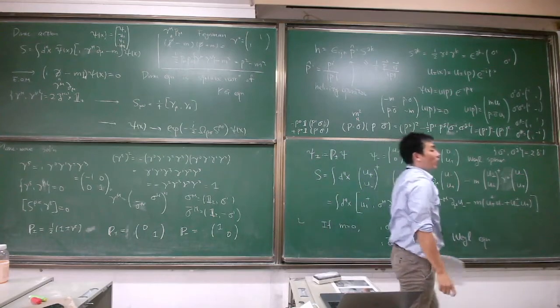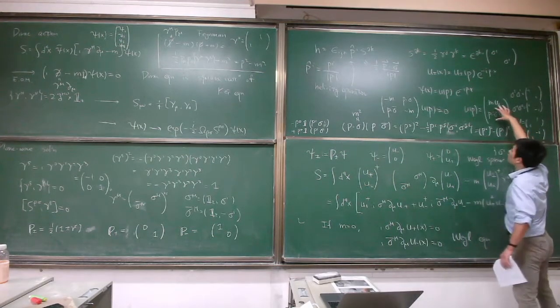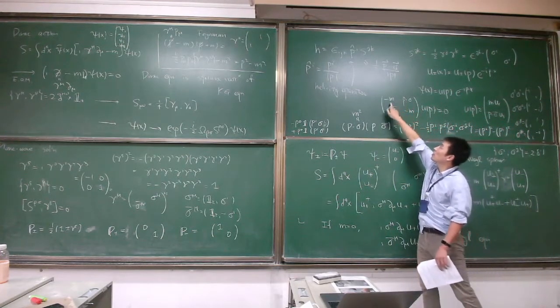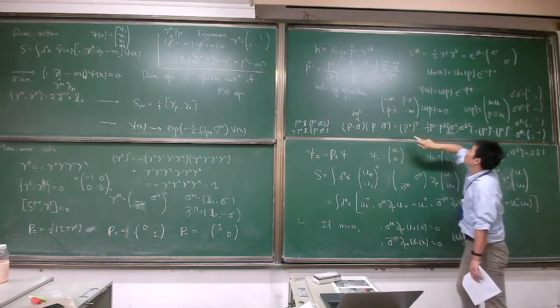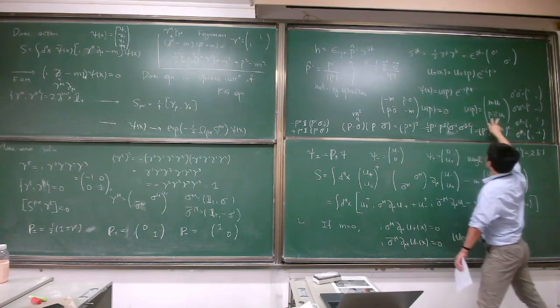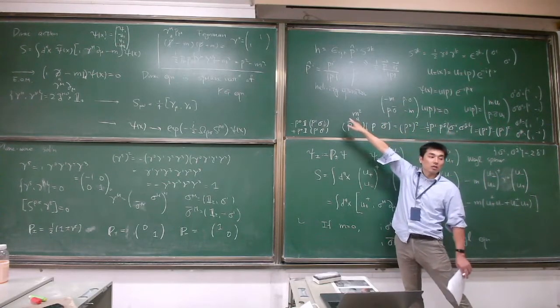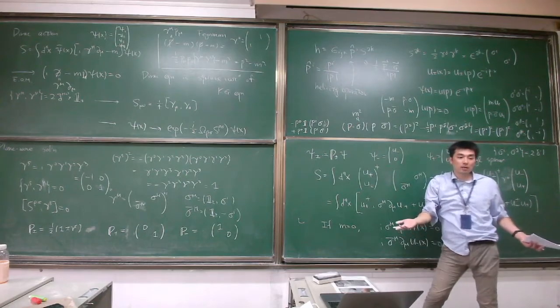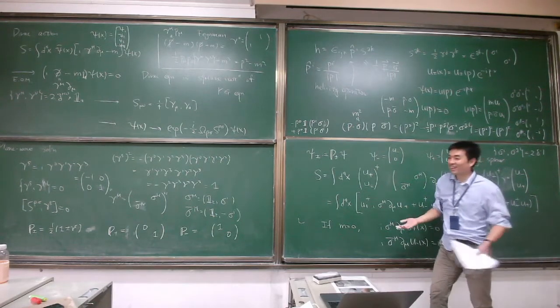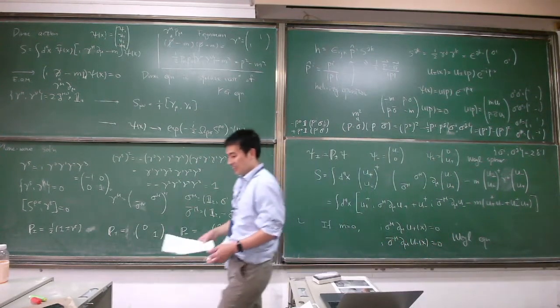What we are checking is that when this acts on the upper two components, you get minus m squared, and we know p dot sigma times p dot sigma bar is equal to m squared. So therefore, they cancel. Is it okay? I hope it's okay with you guys.